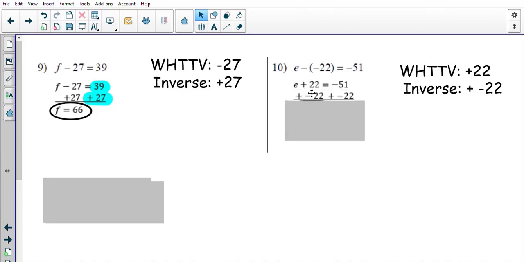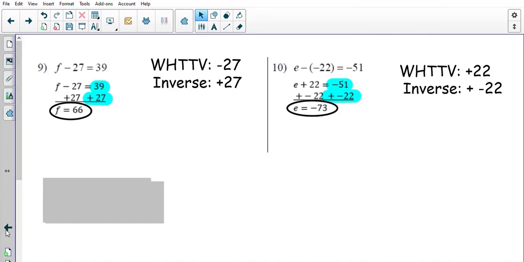Again, subtracting a positive 22 is correct as well. I just want to show it more than one way. So on the left-hand side, we're going to have these 22s cancel out. On the right-hand side, we're going to do negative 51 plus negative 22 in our calculators. And we should get e equals negative 73.